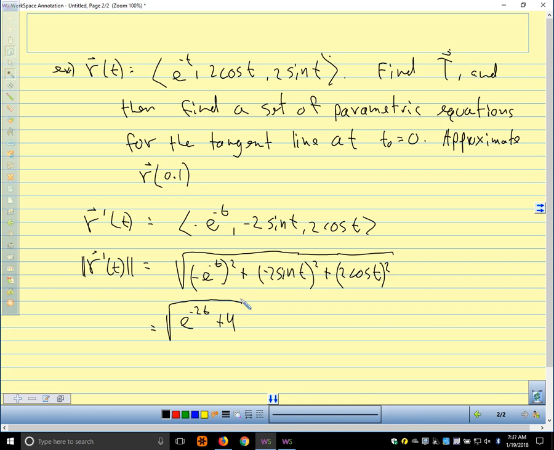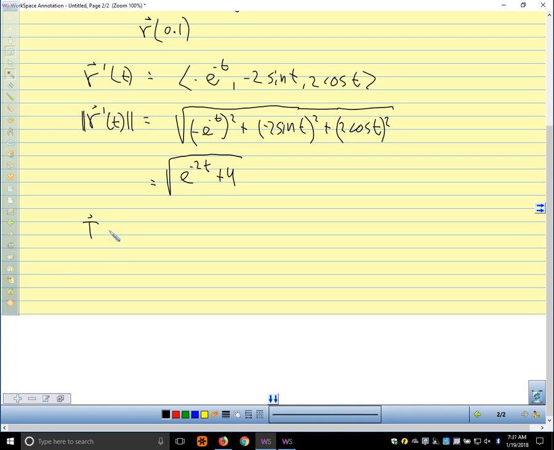Now, one thing I want to point out, as a function of time, our unit tangent vector, because that changes in time, T would be 1 over the square root of e to the minus 2t plus 4 times this vector, minus e to the minus t, minus 2 sine t, 2 cosine t.